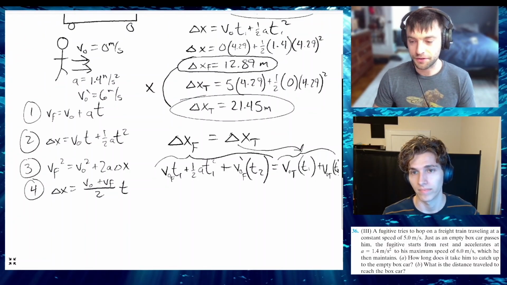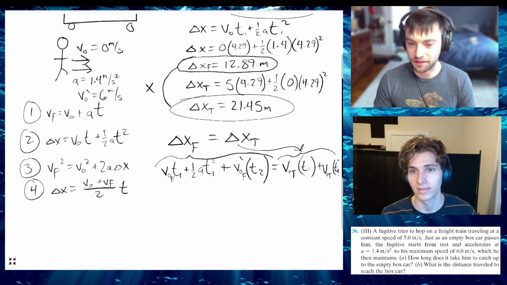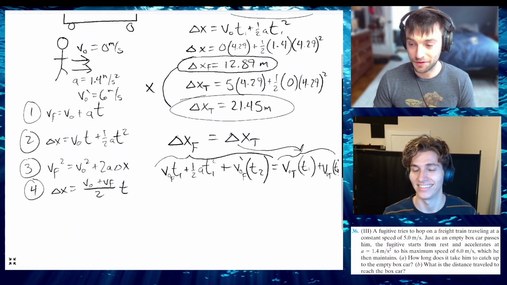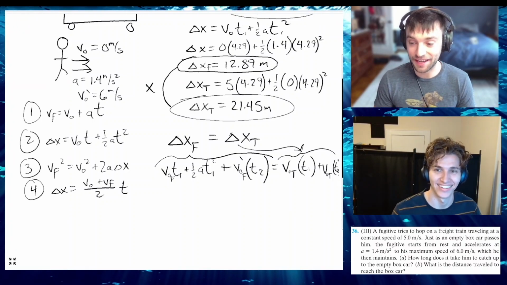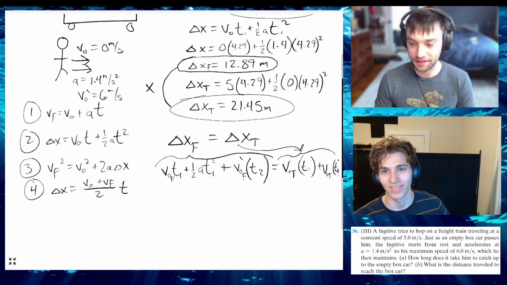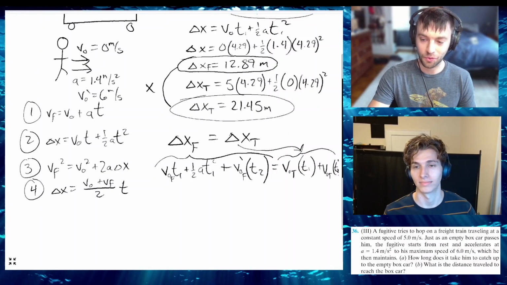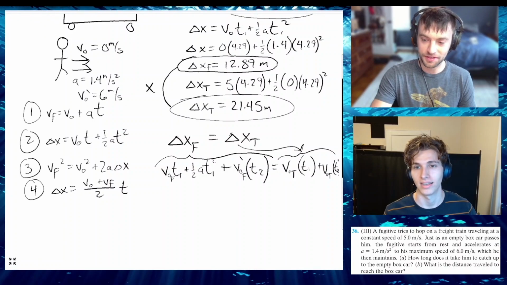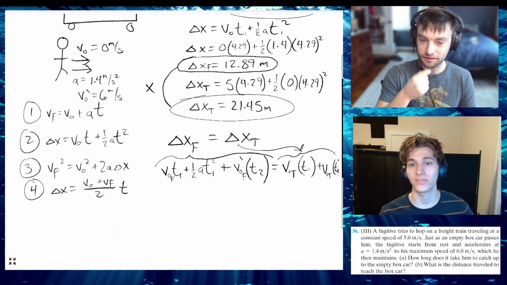So this is my first exposure to V naught prime and these labels. I can't pretend I fully understand it yet. Are these labels that we designate to help organize the problem, or is this a whole new equation? This is actually something kind of separate.